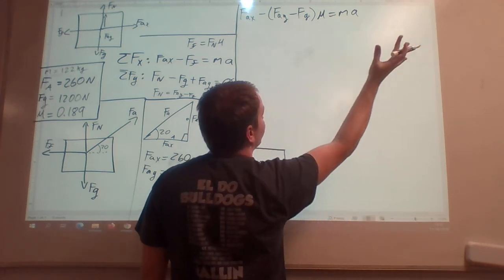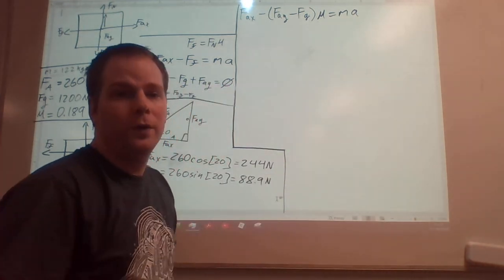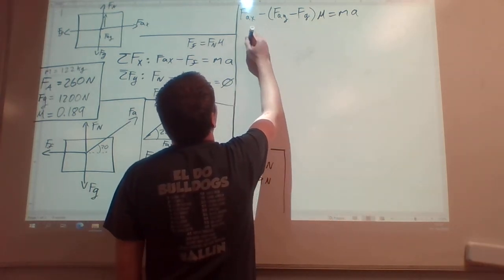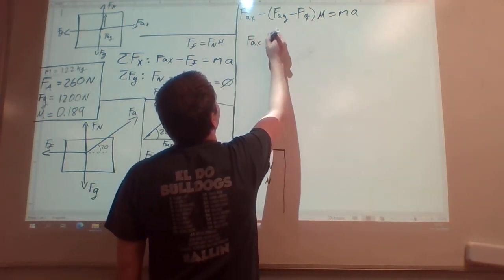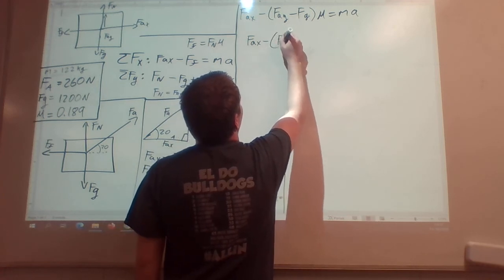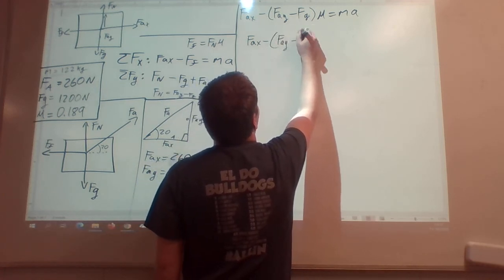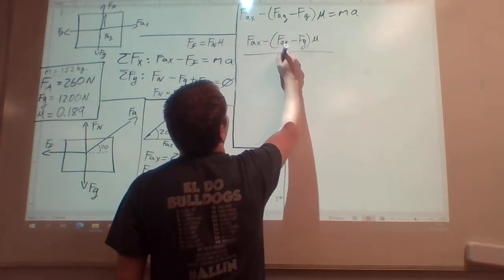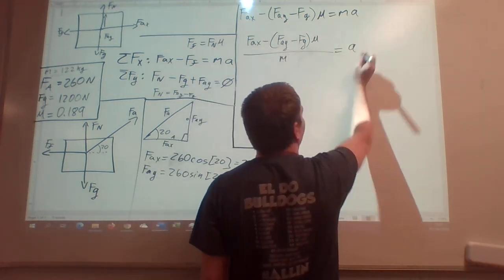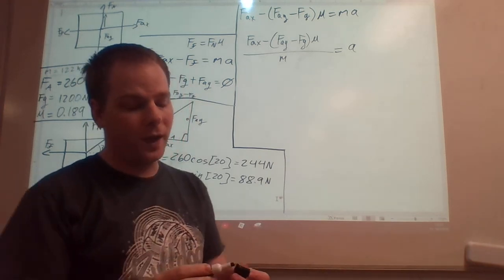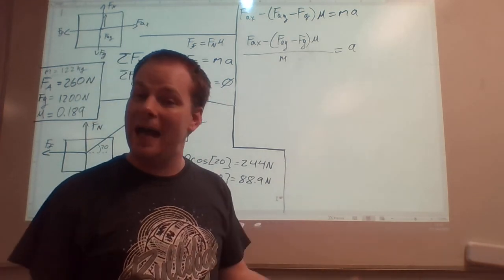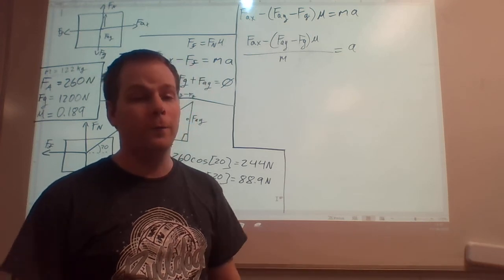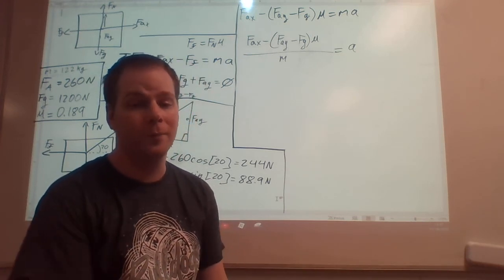So the only thing we don't know is A. So we just solve this for A. So FAX minus FAY minus FG times mu all over the mass gives us our A. I'm not going to go ahead and calculate that for you since you have the actual number, but that is it for 14. You just have to plug and chug from there.